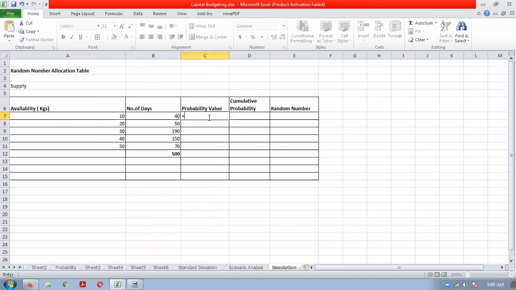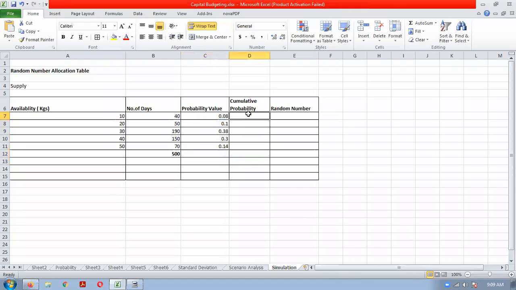That will be calculated by number of days divided by the total 500. Similarly, the probability that the available kg is 20 will be 50 divided by 500. Then 190 divided by 500, 150 divided by 500, 70 divided by 500. So this is the probability value.